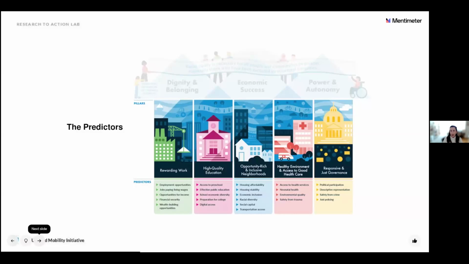And so each of the 5 pillars has several associated predictors. Some examples of predictors include living wages, access to preschool, housing stability, access to health services, and political participation. And local leaders can measure the status of each predictor and progress towards improving it using our suite of mobility metrics, which is what we'll focus on in today's workshop.